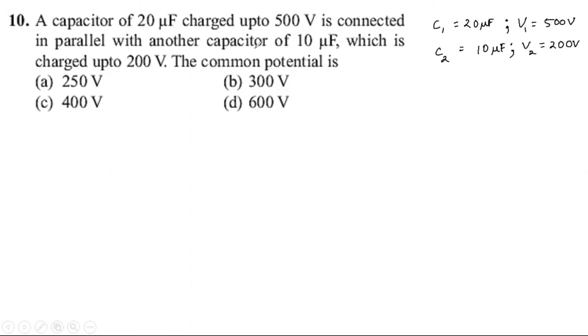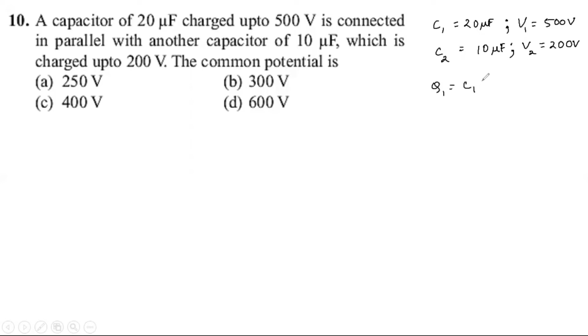When they are connected in parallel, obviously there will be a flow of charges. That flow of charges will continue until both the capacitors have a common potential, and we are asked to find that common potential value. Individually, we are going to find the Q1 and Q2 values.